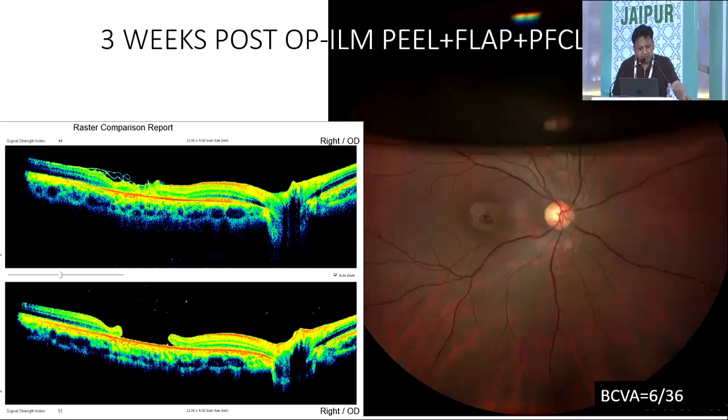And this was 3 weeks post-op, ILM peel with flap, with PFCL, with gas. The hole had closed and the patient gained good vision. But suddenly I saw that a ghost struck my OT and I started missing things one by one.